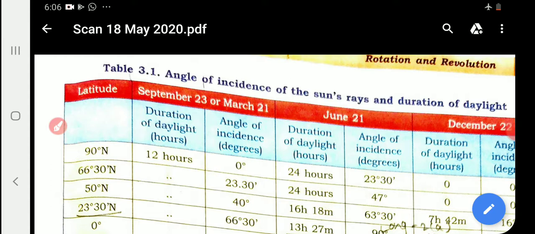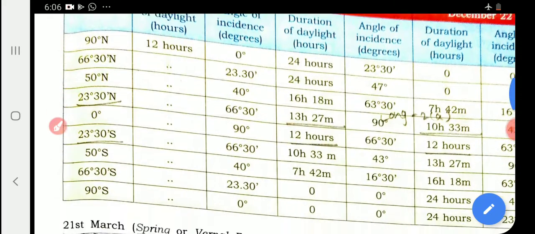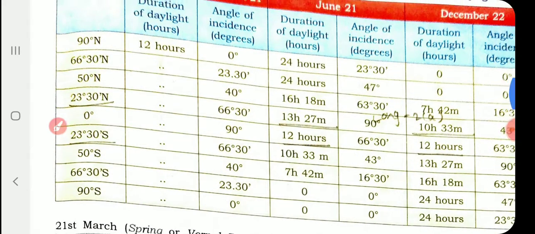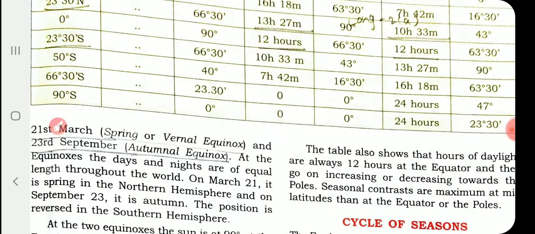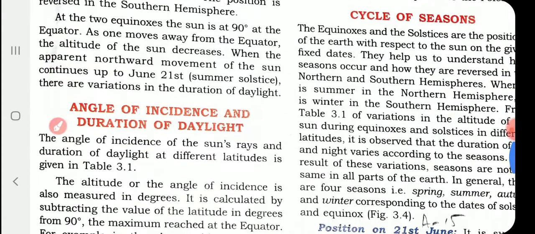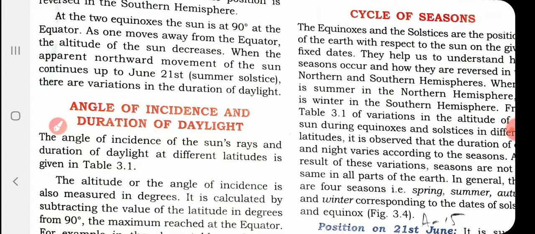Today we are going to see the angle of incidence of the sun's rays and the duration of daylight. You have to go through the table that is given in your book and understand what role the angle of incidence plays on the duration of day and night.